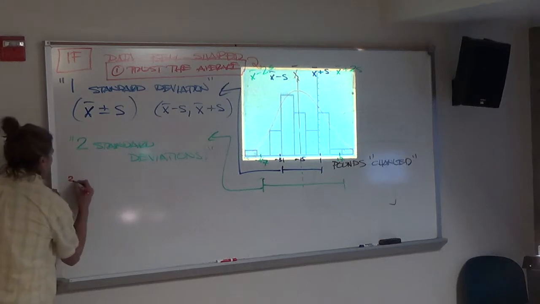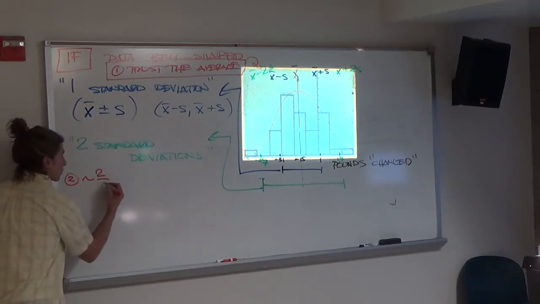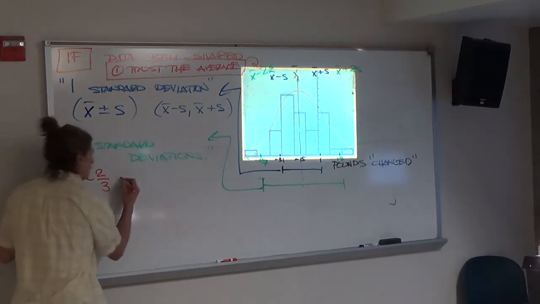Number 2, you get some beautiful percentages. Roughly, and now this number varies depending on how noisy your data set is, I like to use the number 2/3.